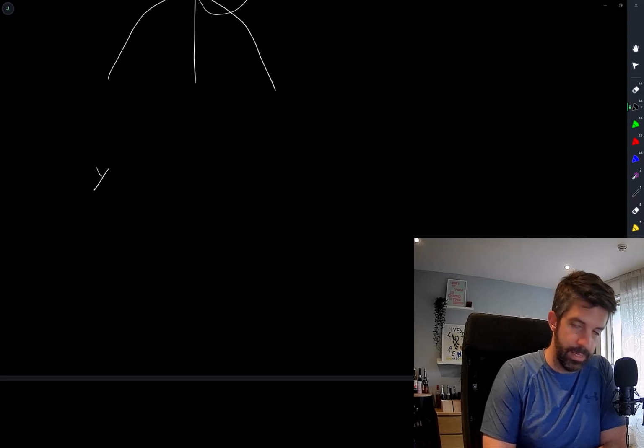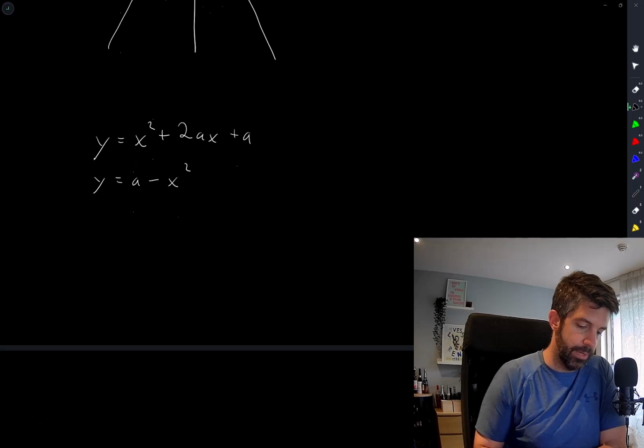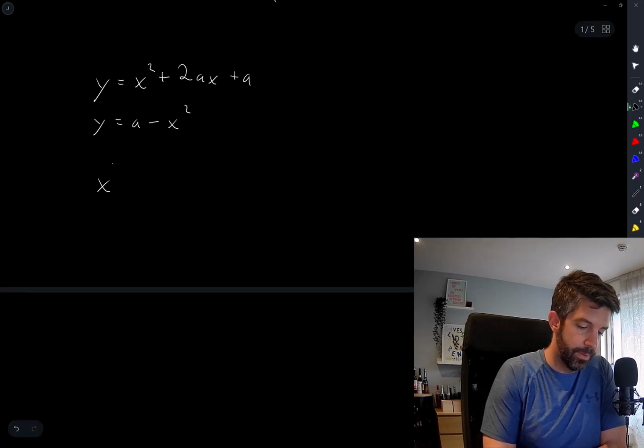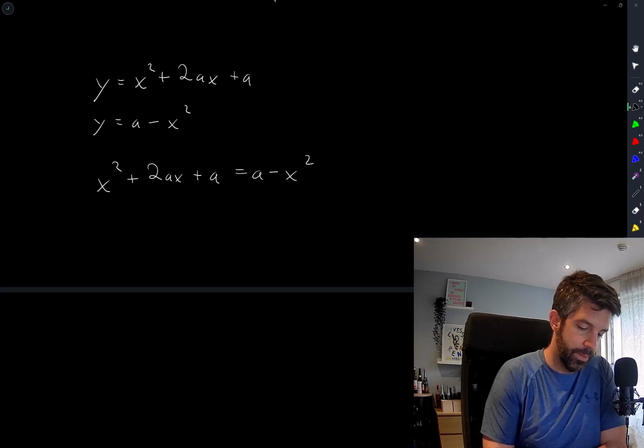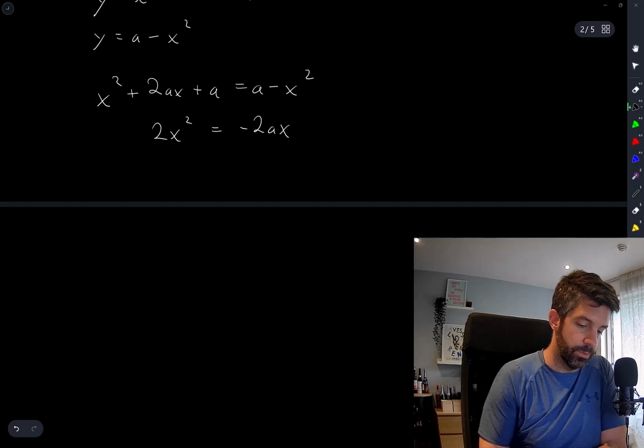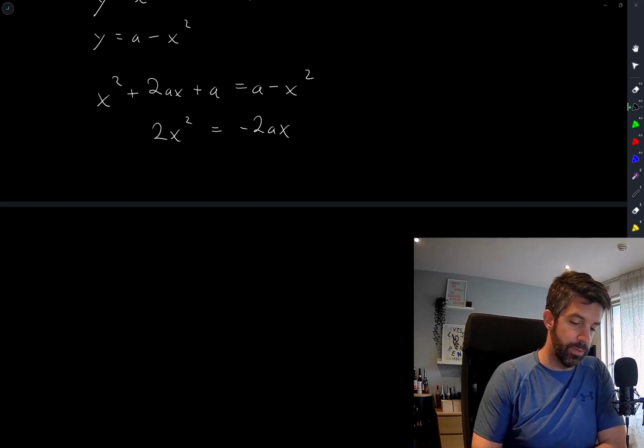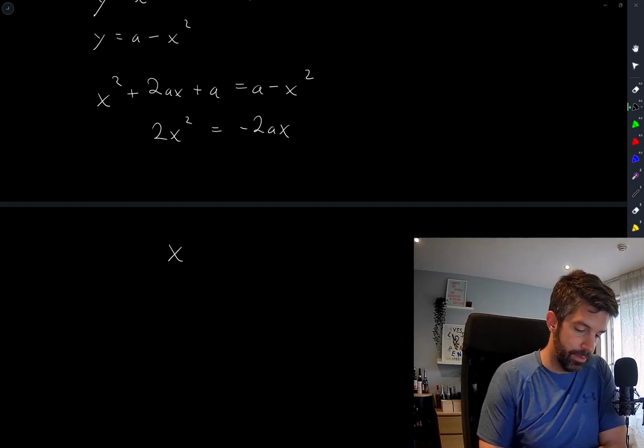We have y is equal to x squared plus 2ax plus a, and y is equal to a minus x squared. If I set these equal, x squared plus 2ax plus a is equal to a minus x squared. So I have 2x squared is equal to negative 2ax. So clearly x can be equal to 0. If we get rid of that root, we have x is equal to negative a.